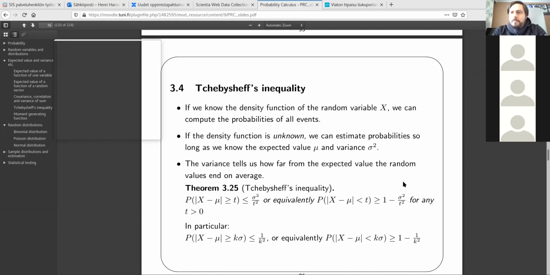So what is a 5 sigma event in this situation? It's 25 centimeters. So 25 plus 178, that's 203 centimeters. So this gives us that at most 1 in 25 male persons is over 203 centimeters.